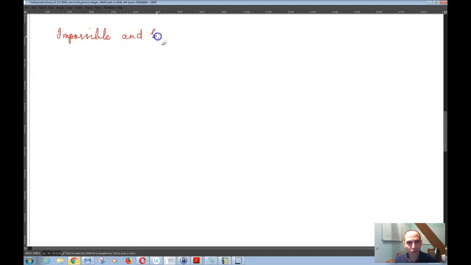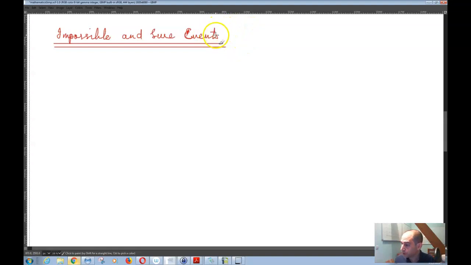Impossible and sure events are basically the empty set null and the sample set S describe events. In fact, null is called an impossible event, and S, that is the whole sample set, is called the sure event.